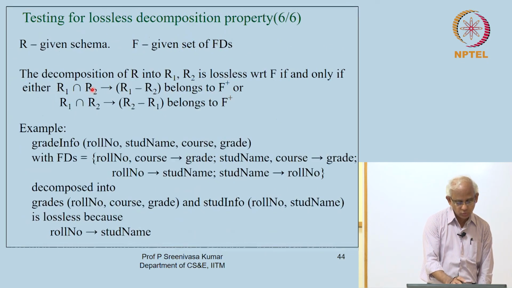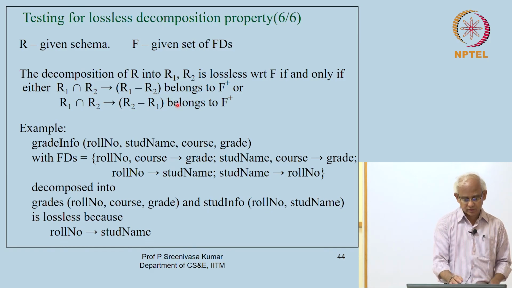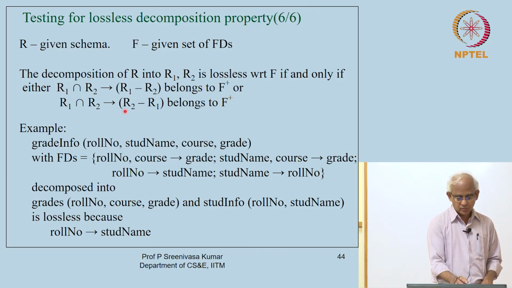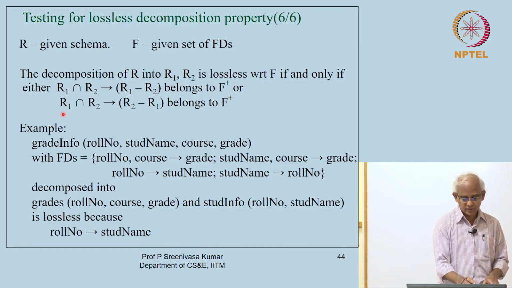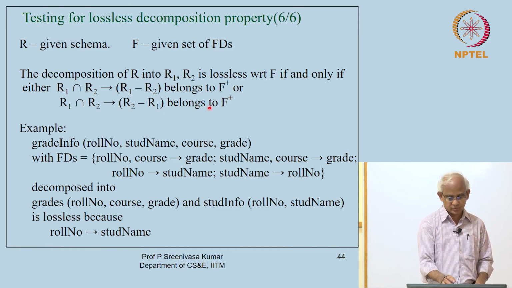If there are exactly 2, given scheme R and a given set of functional dependencies F, the decomposition of R into R1 and R2, just 2 of them, is lossless with respect to F if a simpler check holds: R1 intersection R2 determines R1 minus R2, or R1 intersection R2 determines R2 minus R1. If any one of these belongs to F plus, then such a decomposition is lossless.